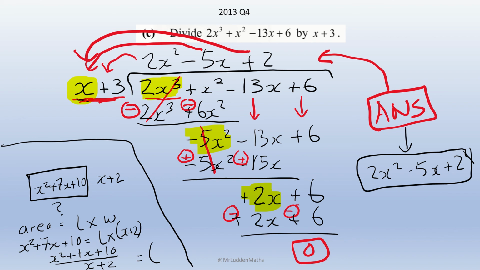So the point I'm trying to make here is, in your exam, they mightn't be as explicit as asking you to divide one algebraic expression by another. They might put it in a context question, usually something with area and volume, where you're given the area and the length, and you're asked to find the width. Off the top of my head, I think that's the most applicable they can give you. Just be wary of that.